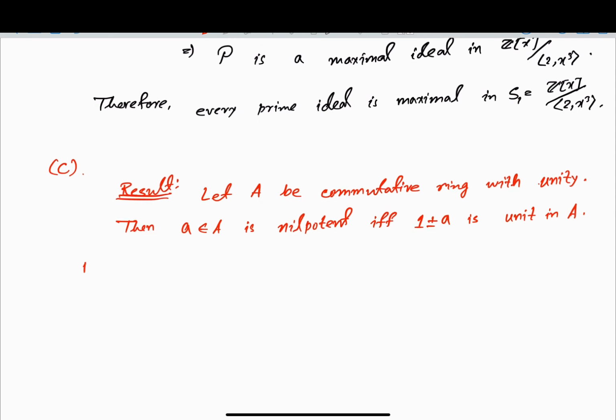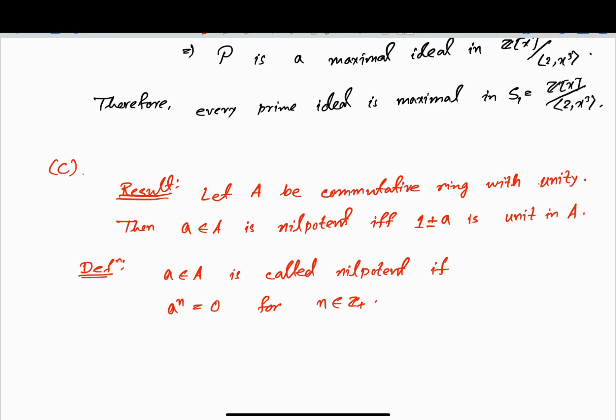So let me write the definitions. What does it mean that a is nilpotent? a in A is called nilpotent if a to the power n equals 0 for some positive integer n belonging to Z+.